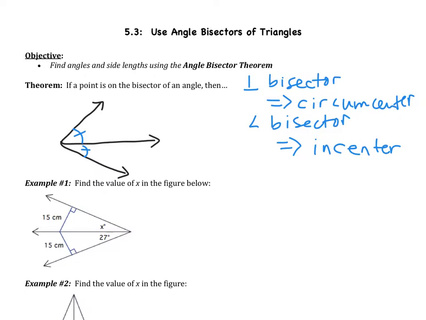If I have a point on the angle bisector, it is equidistant to the sides of the angle. But we like to have that little right angle symbol there, similar to what you see down here in example number 1.